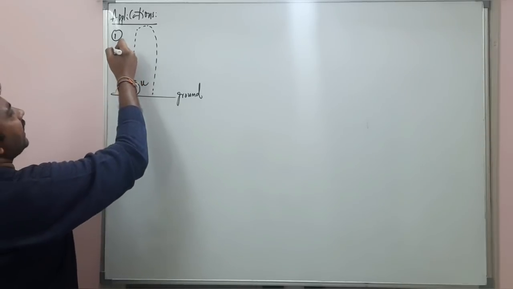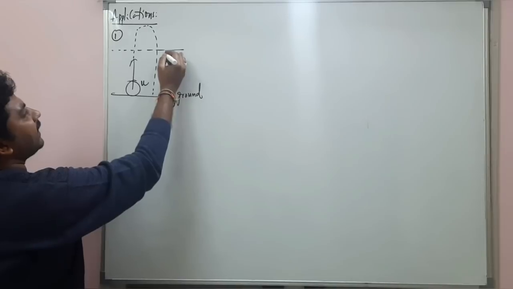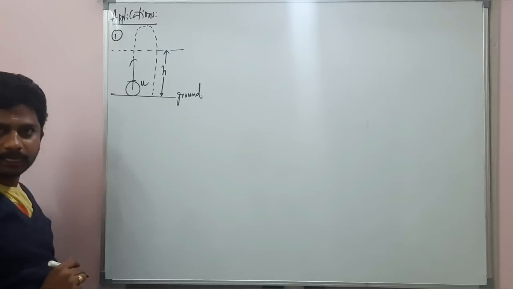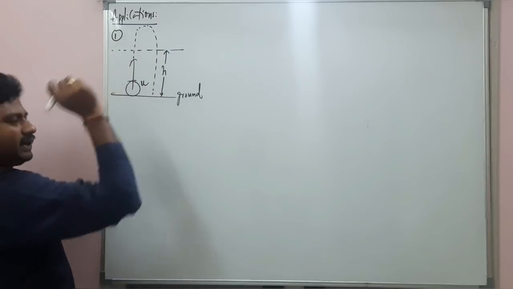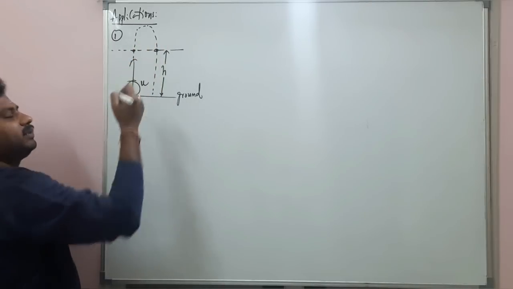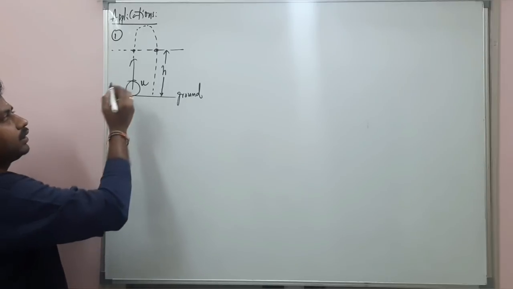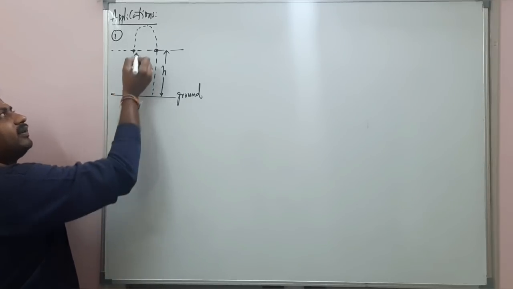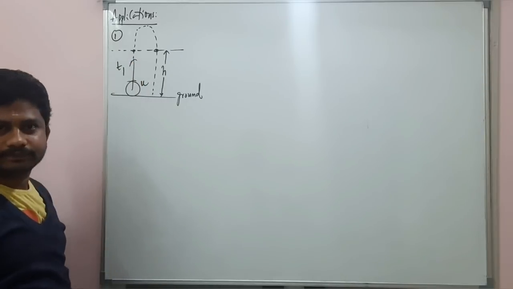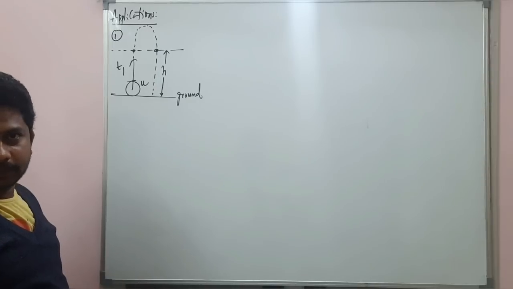Imagine at a particular height h, on both sides, the same height. Height means we always measure from the ground. At some particular height, in the upward journey, the time taken is t1.